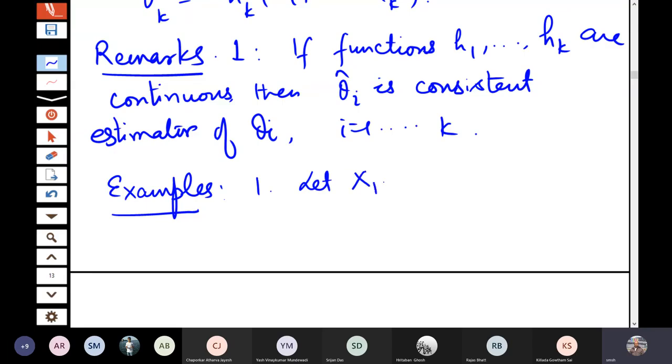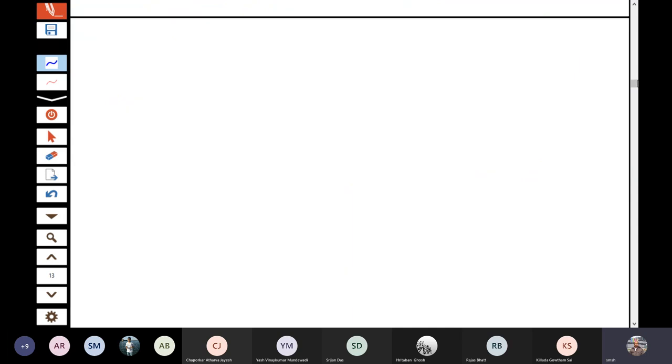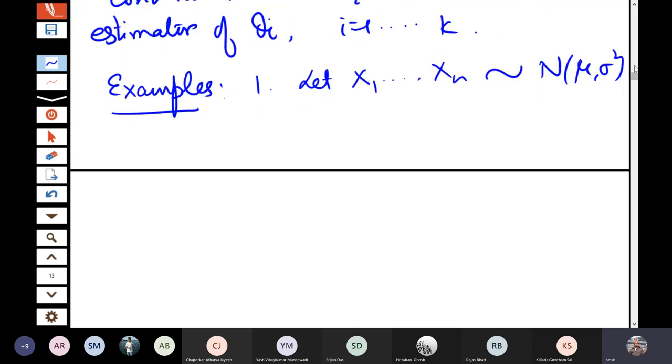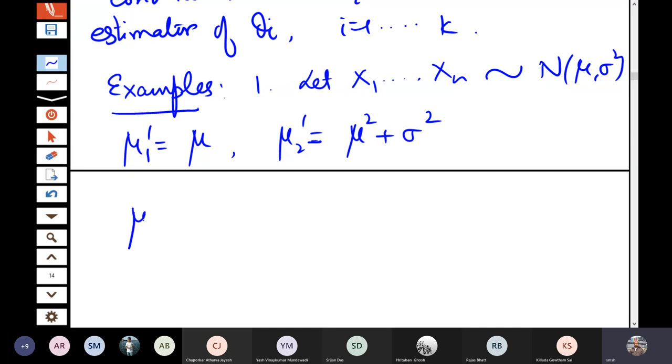Suppose I consider say x1, x2, xn, a random sample from normal mu sigma square. There are two parameters, so I will write two moments. What is mu1 prime in a normal distribution? It is mu. What is mu2 prime? It is mu square plus sigma square. So from here you simplify: mu is mu1 prime and sigma square is equal to mu2 prime minus mu1 prime square.